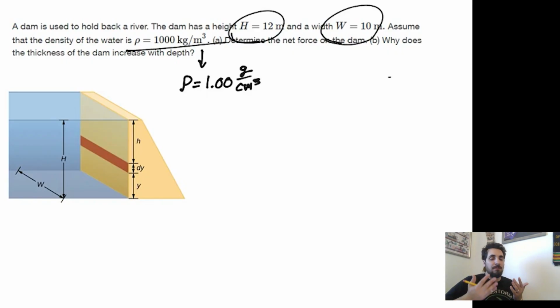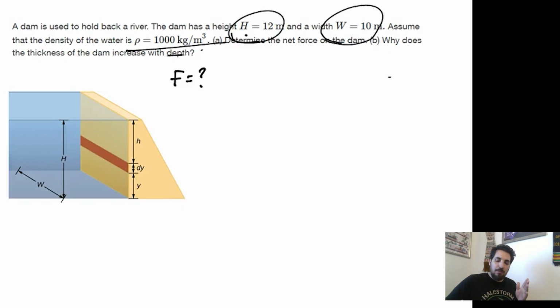We're not going to convert it. I think we want to keep it in kilograms per meter cubed, but that is the density of fresh water. Taking a look at this, it asks us what is the force acting on the dam, and it gives us height, width of the dam, and density of water.